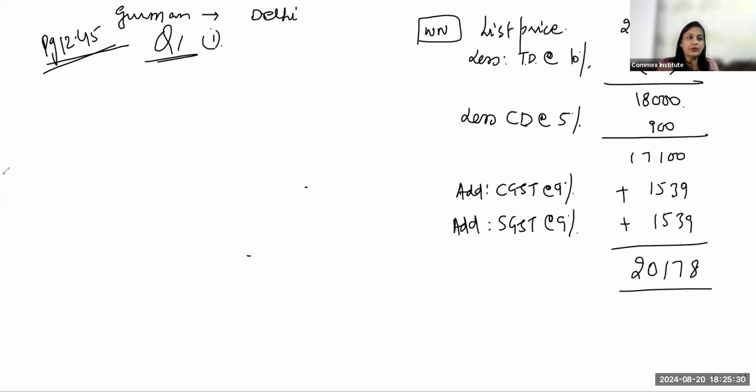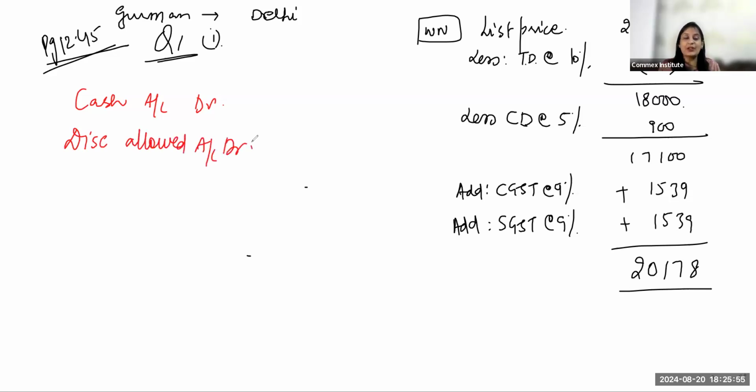See the entry, how we're going to pass. This was a cash transaction because we paid immediately. Cash account debit. Discount allowed account debit. Now, which discount is this?